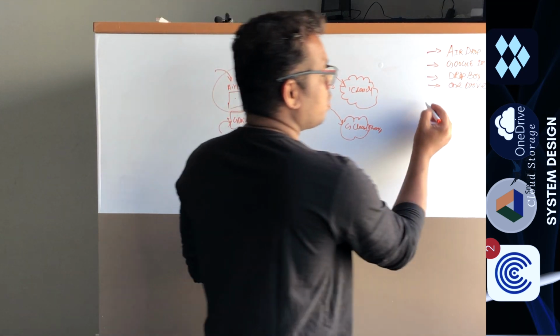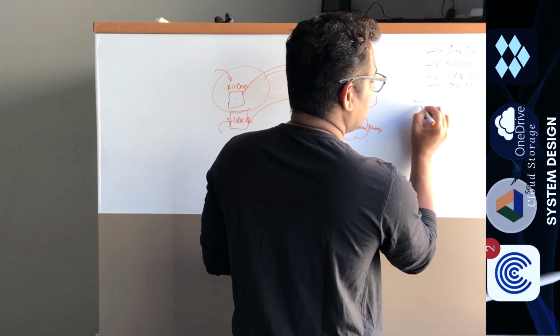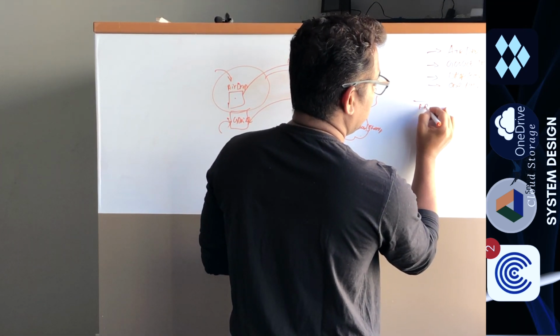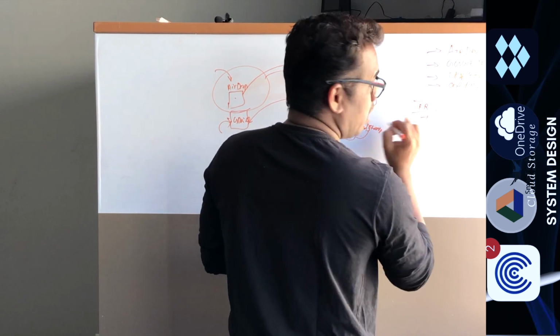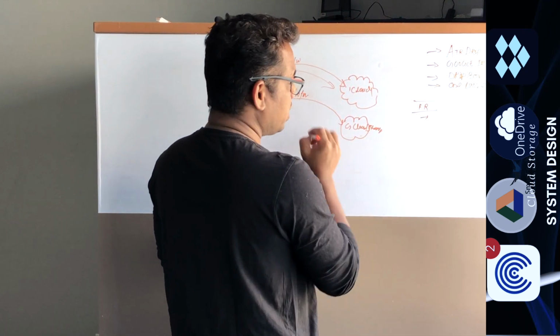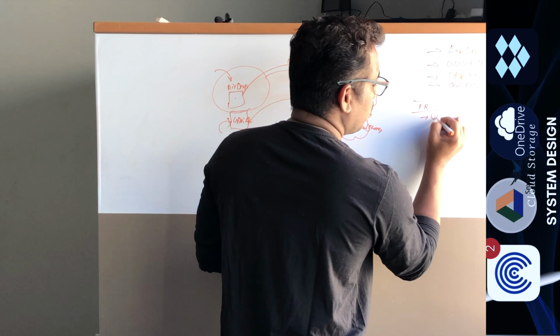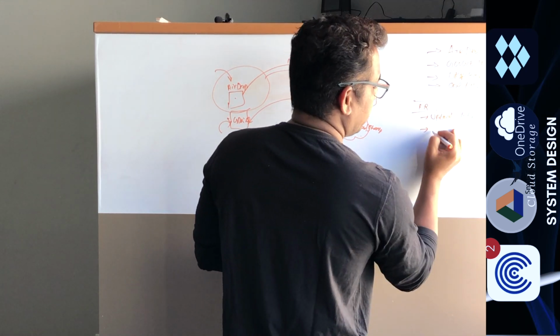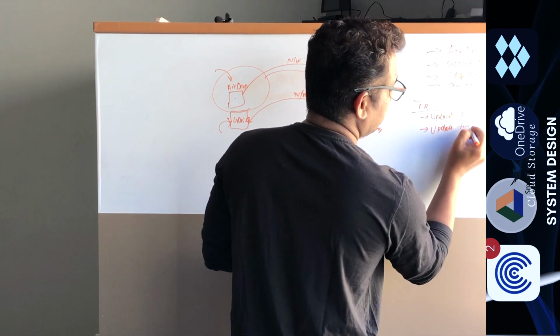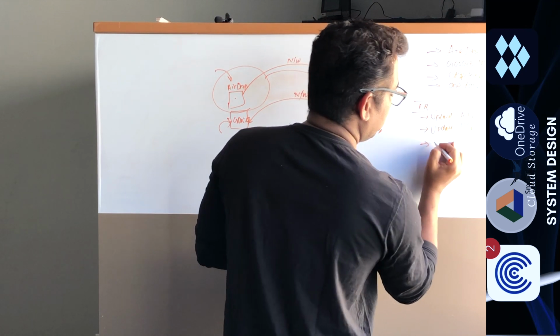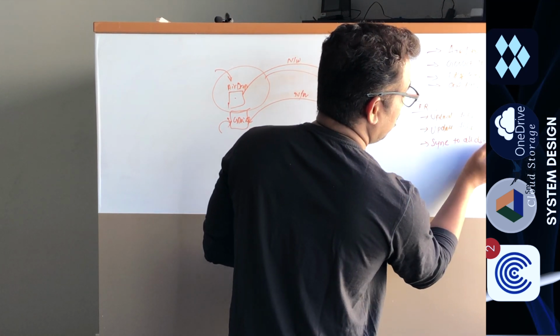So that's what our focus is. Let's define our focus. The functional requirements: the system should be able to upload the file, update the file, and sync to all devices.